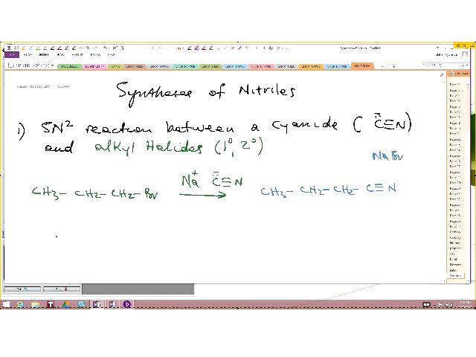Another example: we take this here, benzyl iodide, with potassium cyanide or sodium cyanide in an SN2 reaction.